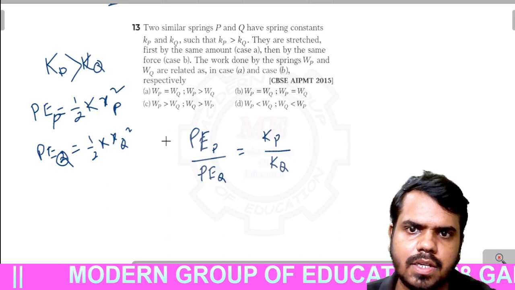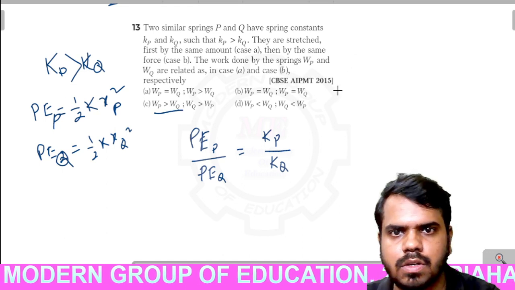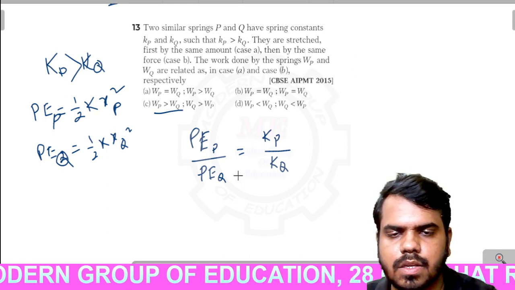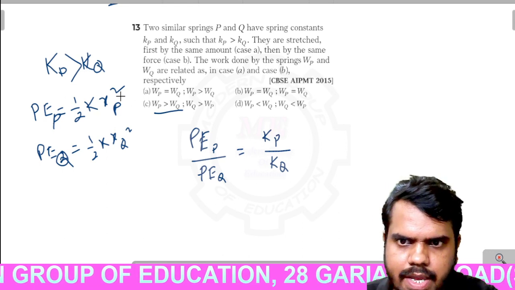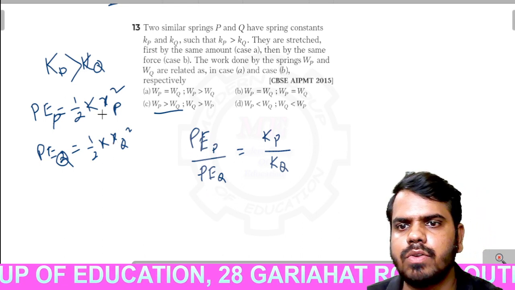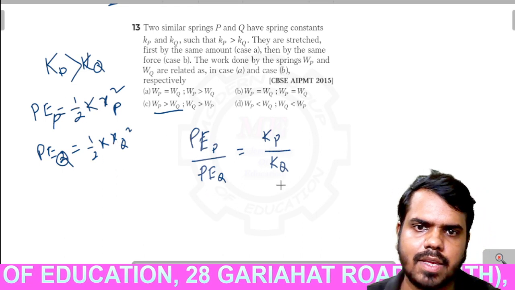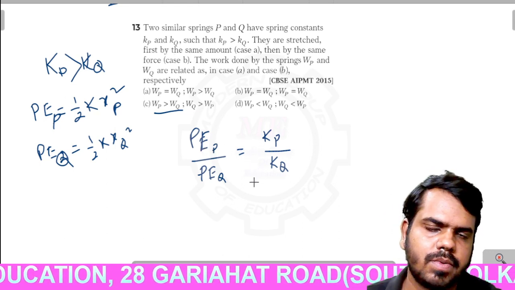That means Wp is greater than Wq in this case. Do you understand this? If x is the same, then PEp by PEq equals kp by kq, the half cancels out, and since kp is greater than kq, the potential energy of p is greater than that of q.